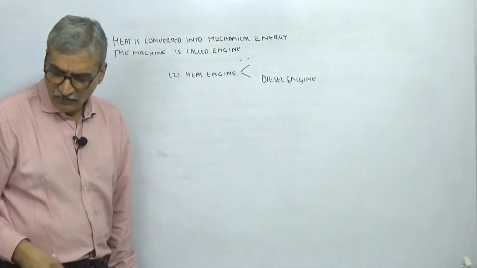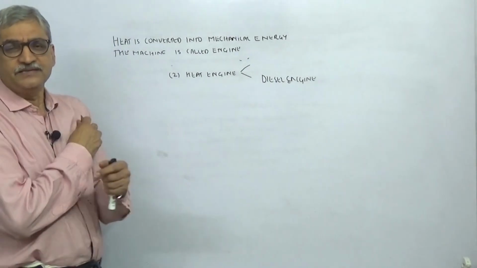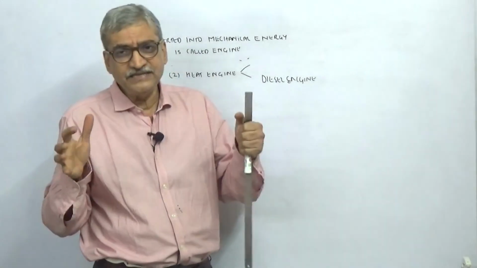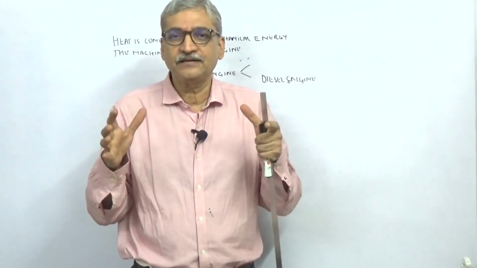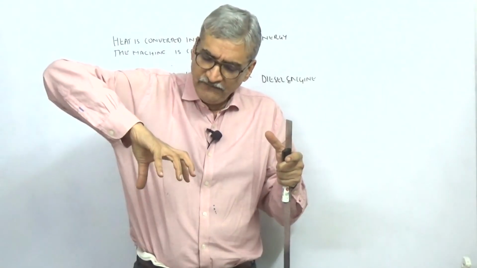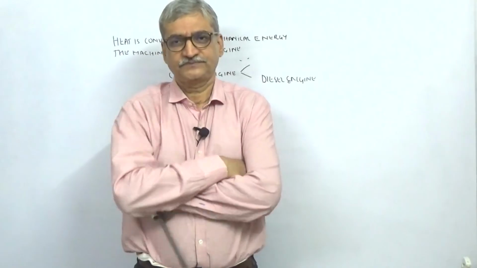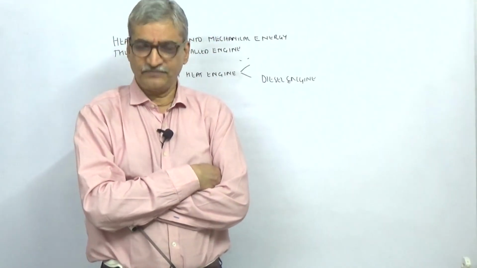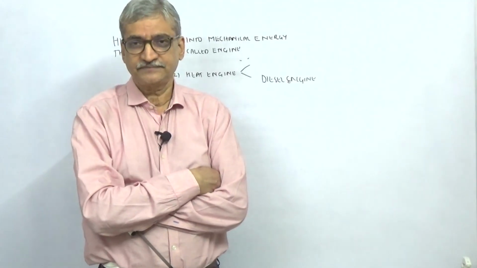So how does a petrol engine work? See, in a petrol engine, what happens? Basically, engine is nothing but a huge block of aluminium metal, in which cylindrical holes have been made. So you can have a one cylinder engine.